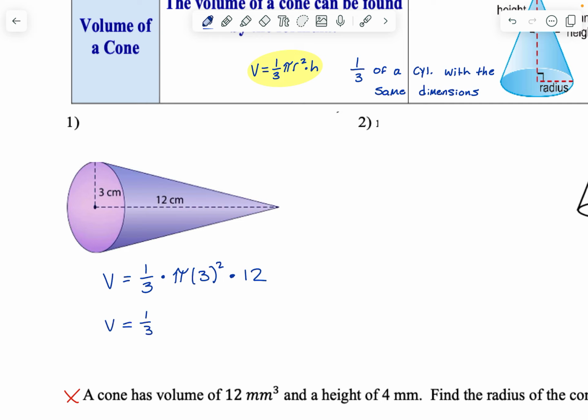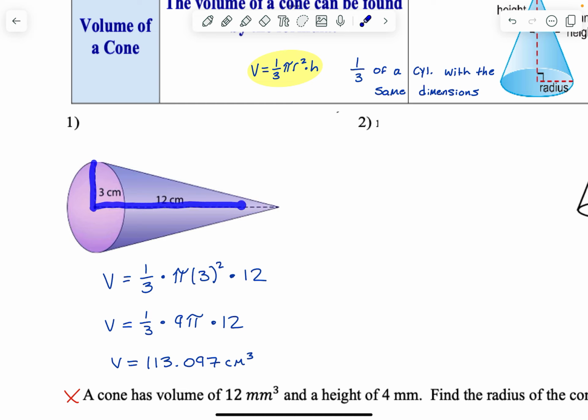Volume is equal to 1/3 times 9 pi times 12. Doesn't say to leave it in terms of pi, so leaving this as a decimal, 113.097 centimeters cubed. One-third pi r squared times height, the volume formula of a cone.